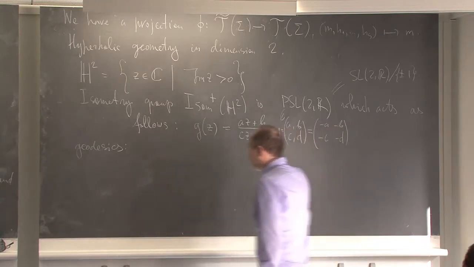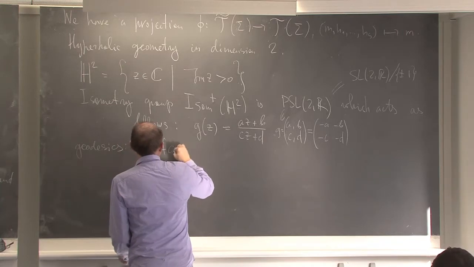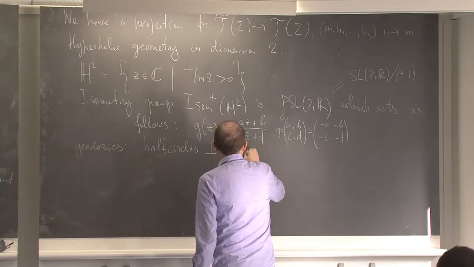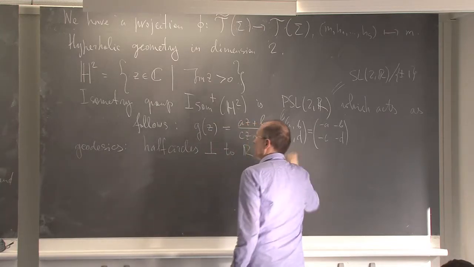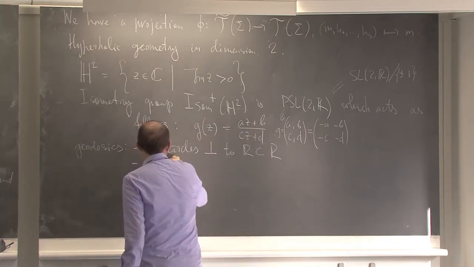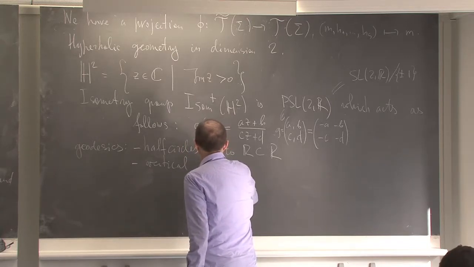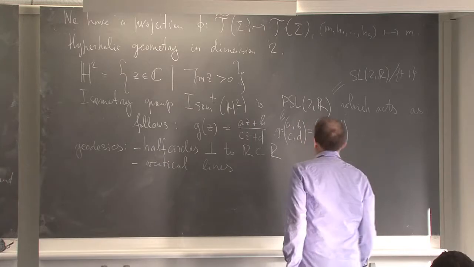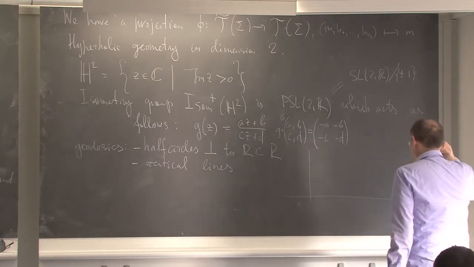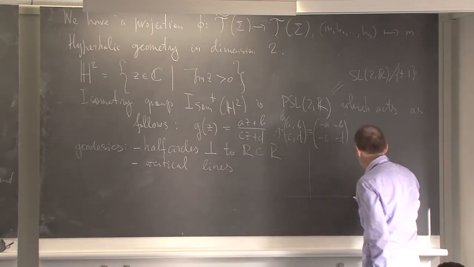Geodesics are given by half circles perpendicular to the real line, or vertical lines. So, the half circle perpendicular to the real axis.